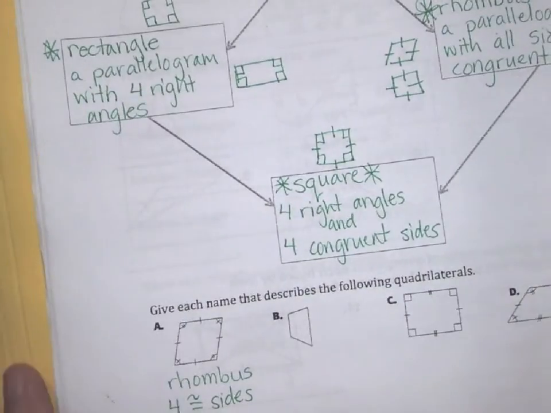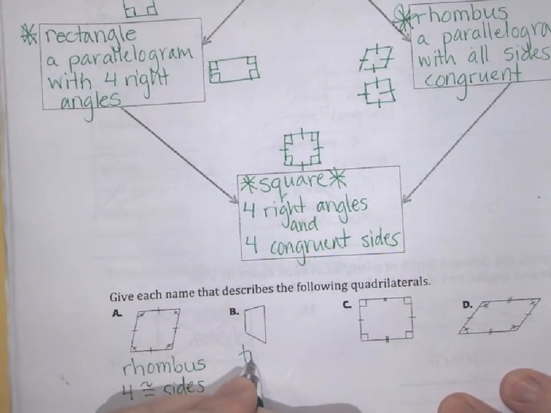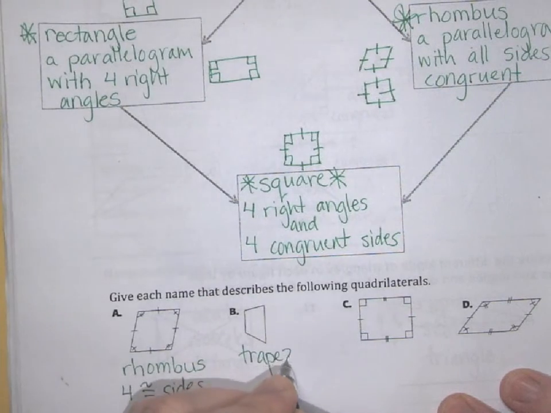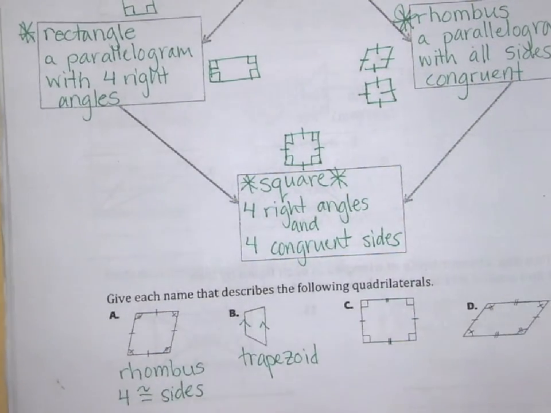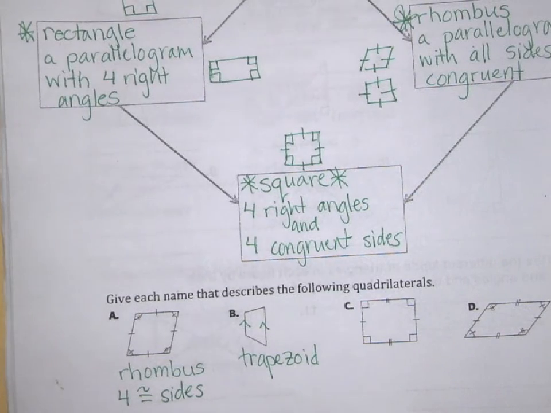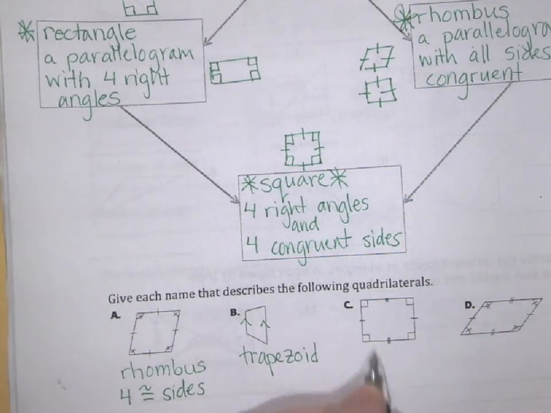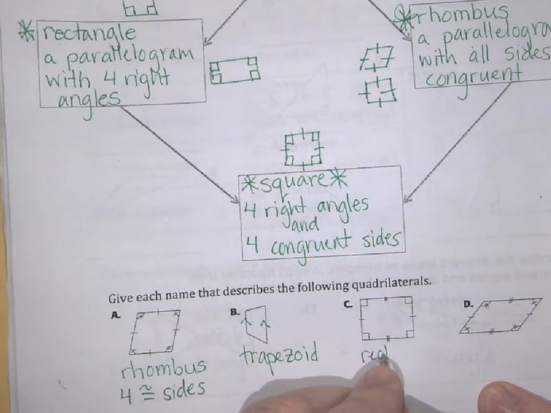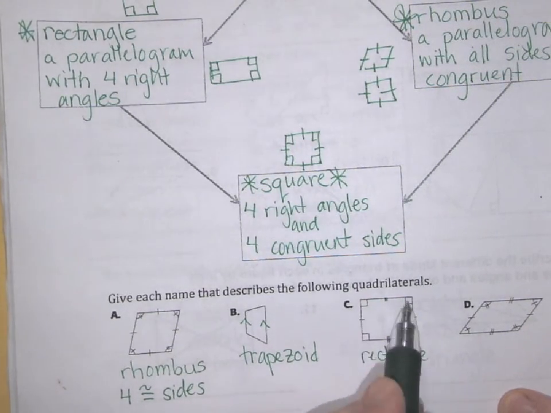All right, so in B, this is a trapezoid. Okay, these sides here are parallel to each other. All right, my next picture is a picture of a rectangle. I know it's a rectangle because it has 4 sides with 4 right angles.